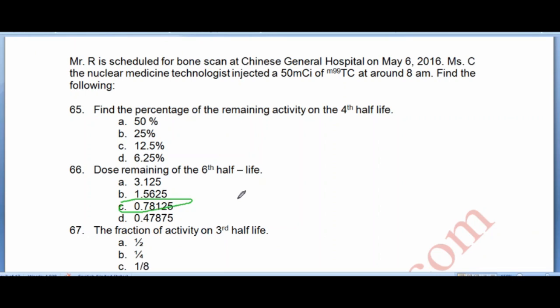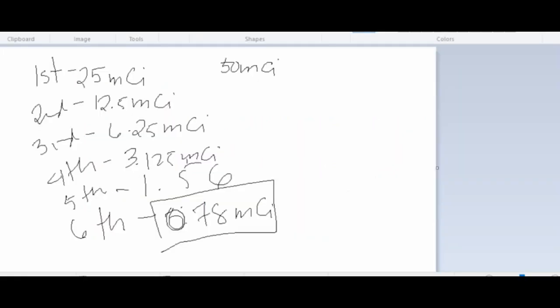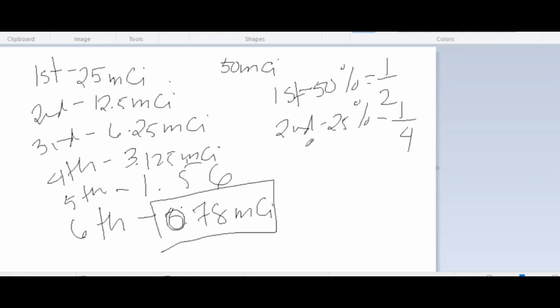The first half-life is 50%, which is equivalent to 1/2. The second half-life is 25%, equivalent to 1/4.